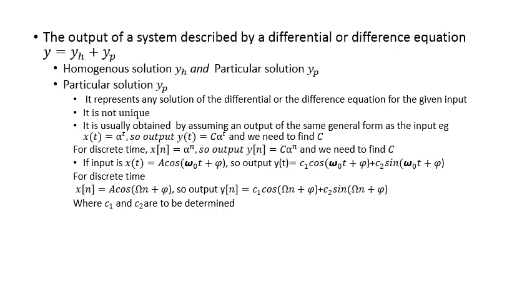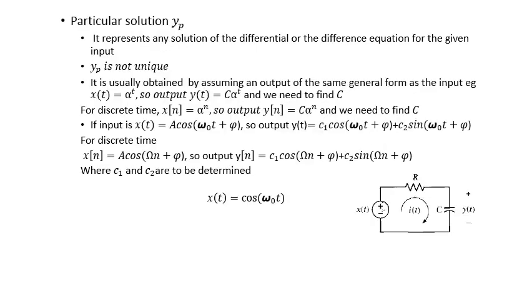So let's consider an example. We have the same circuit as we discussed previously, and we have to find the particular solution. In the first case, for the homogeneous solution, we said the input is 0. Now we have to determine y subscript p when the input is cos omega naught t.